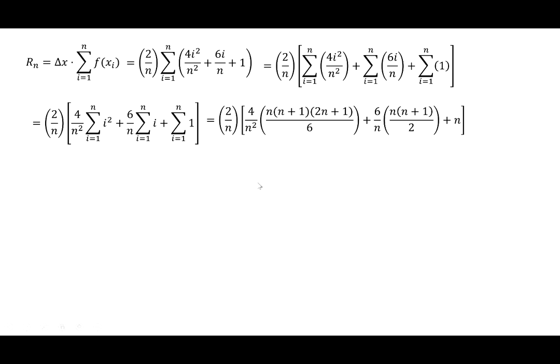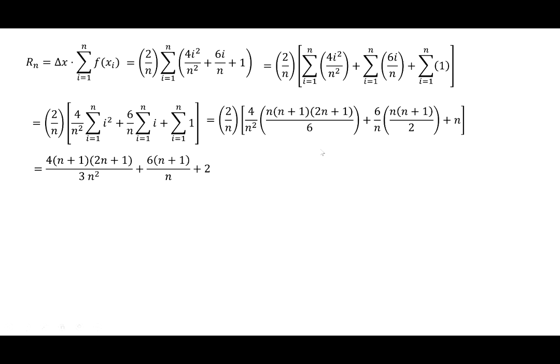And so, how about this? I trust you agree with me. The 2 cancelled out with the 6, and so it simplifies to this. Again, n and n go away, and n plus 6 times n plus 1, and 2 over n times n is just 2.